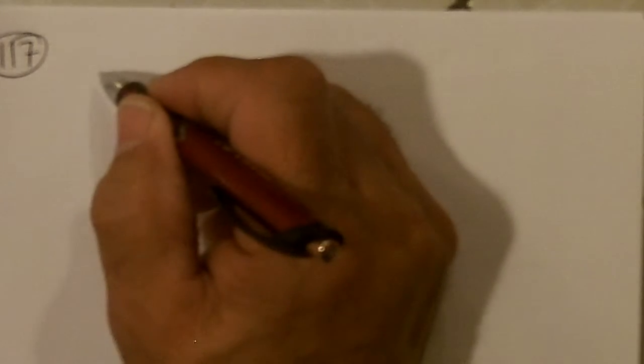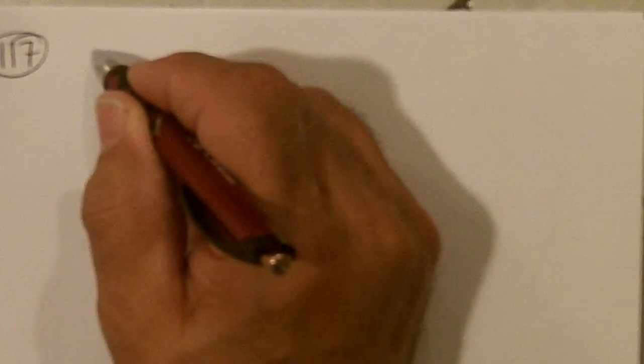And now let's do the last one in this section. No, second to last. 117. Says graph this piecewise defined function.